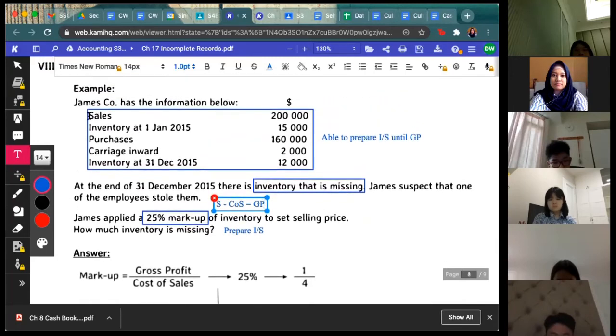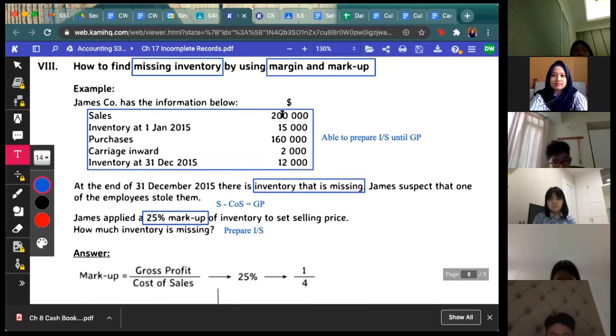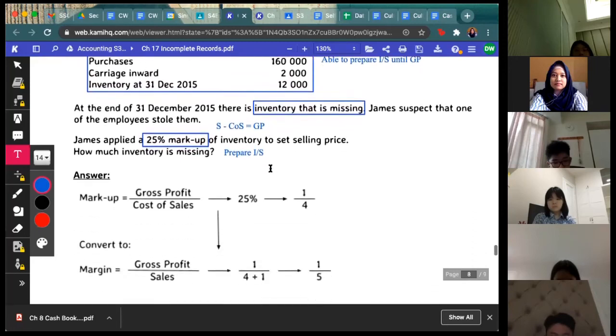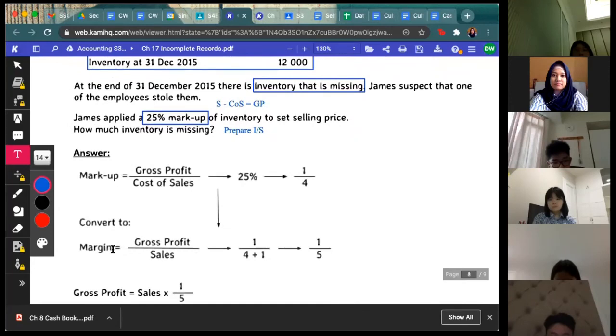But we do have information on sales. So by fraction, I can change markup into margin. Margin is gross profit over sales, and the fraction from markup is 1 over 4, so gross profit over sales is 1 over 4 plus 1.